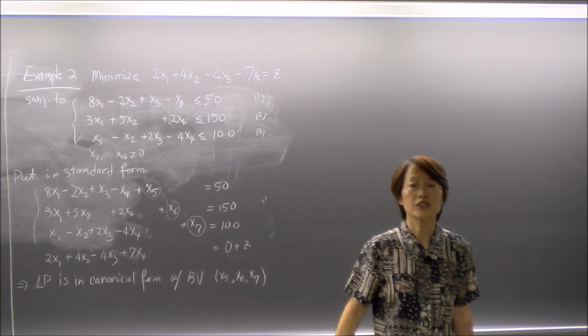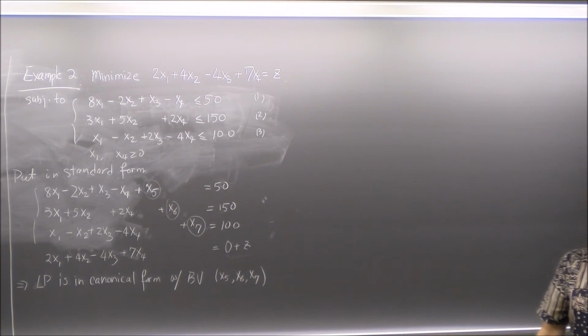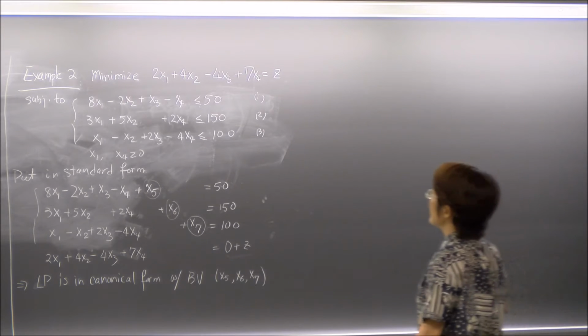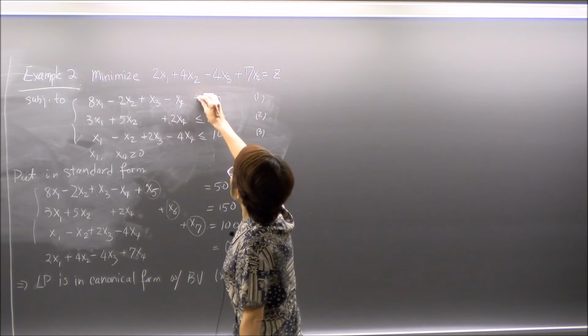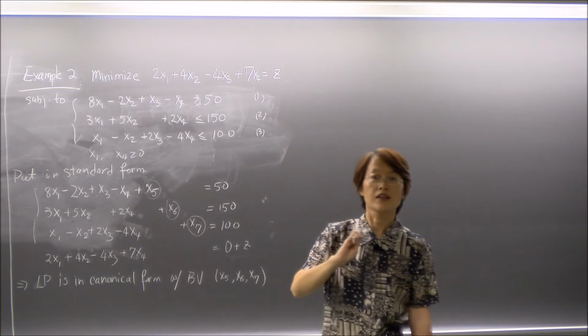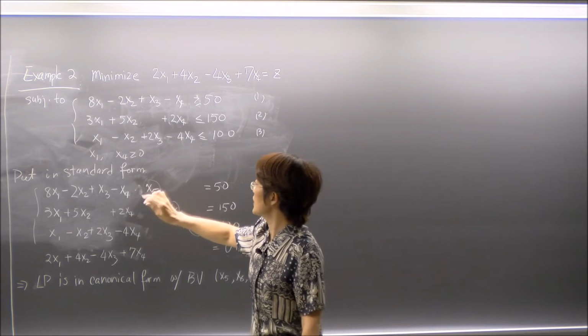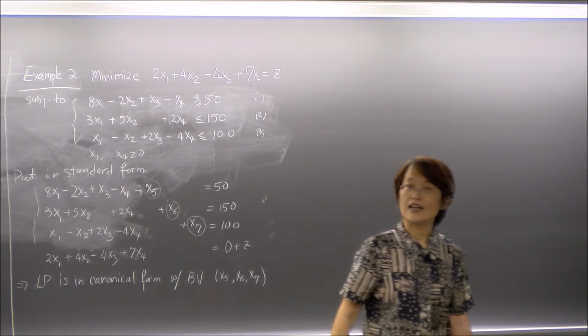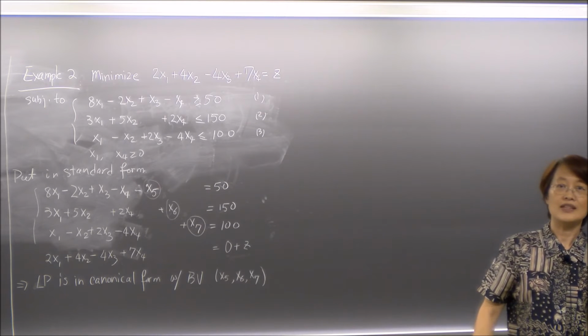All right? Question? If you're adding slack variables like that, when would there be a case that it wouldn't end up in canonical form? Oh, let's say I have this bigger than equal sign. Then you have to put negative, and that is not canonical form. Is it clear?